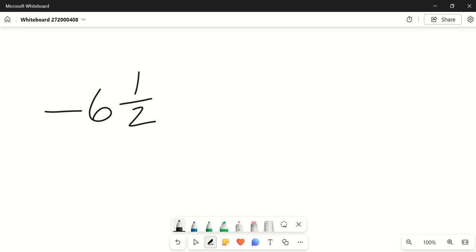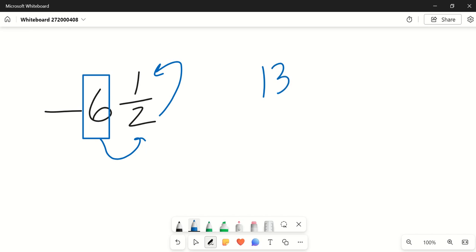We can turn this into an improper fraction and then divide, which is going to be a lot more work, but I'm going to remind you now how to do this. So remember, if we want to turn a mixed number into an improper fraction, we take the whole number, multiply it by the denominator, add it to the numerator. This would be 6 times 2, which is 12, plus 1 would be 13 over 2, and since this is negative, it'll be -13 over 2.